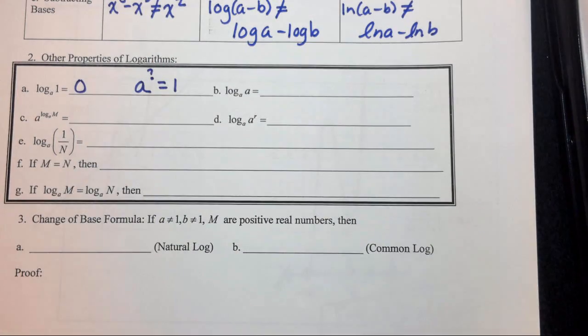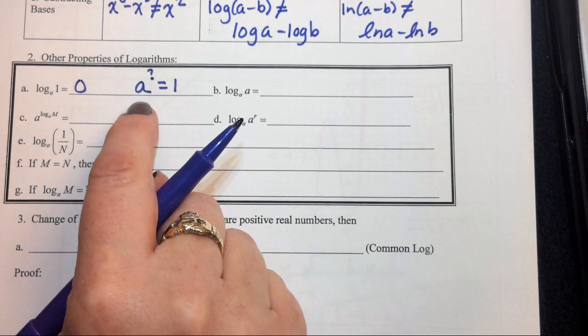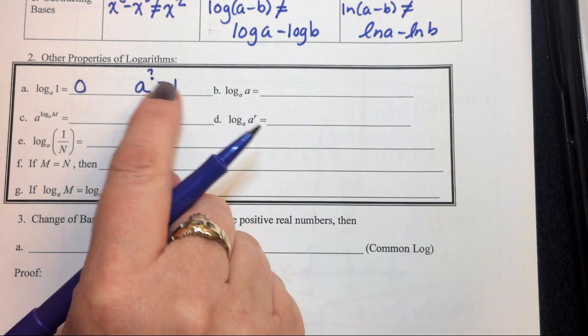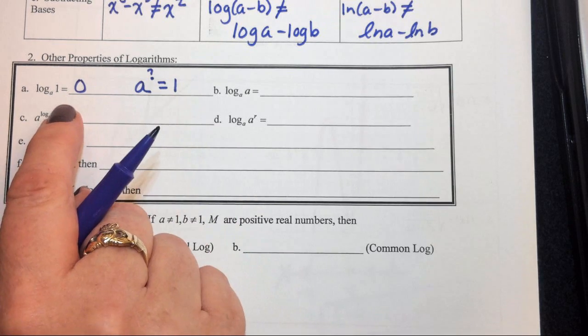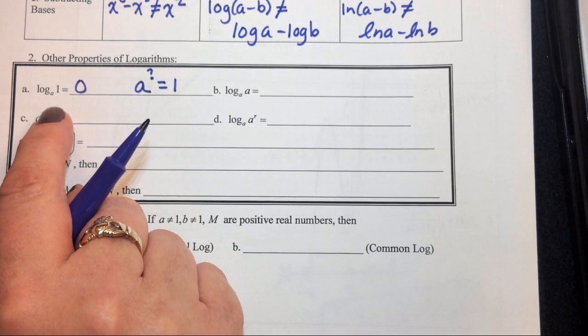Anytime you're evaluating a logarithm, you are solving for the exponent for the base of that logarithm. So A raised to what power is equal to 1? Well, any base raised to a 0 power is equal to 1. So it doesn't matter if it's log base A of 1 or natural log of 1, it's always 0.